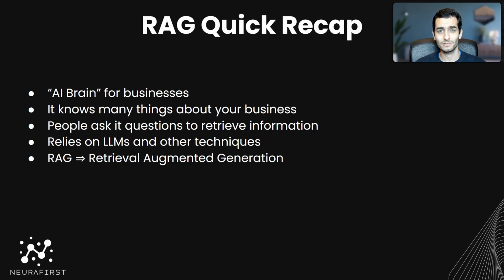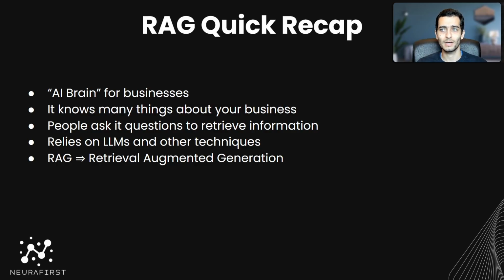Basically, a RAG stands for Retrieval Augmented Generation, and what it means really is about building the AI brain of a business. Imagine an AI system that knows the data and procedures of a business, and then people will ask it questions. It can be employees or customers asking this system questions, and then this RAG will go and fetch information in this data and then answer back something as specific and accurate as possible.